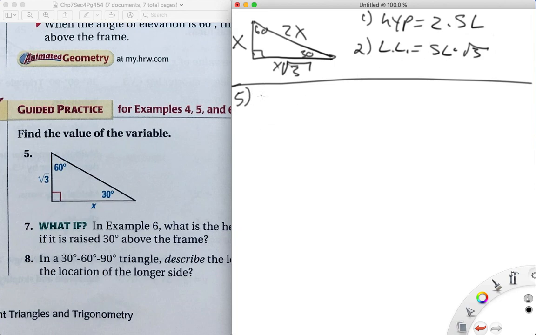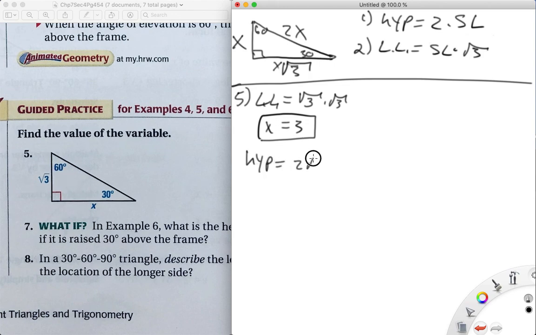So this would be square root of 3 times square root of 3, which is equal to 3. Now, if I wanted to find the hypotenuse, just in case you were wondering, I would just multiply the short leg, which is square root of 3, times 2. And this is actually my hypotenuse.